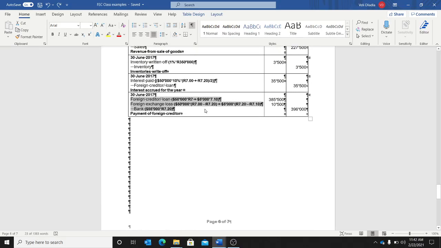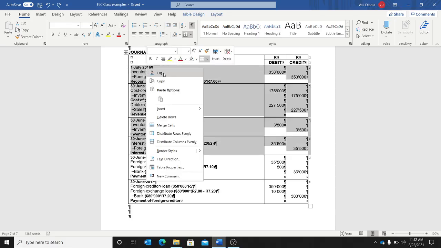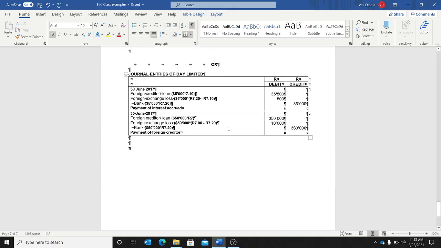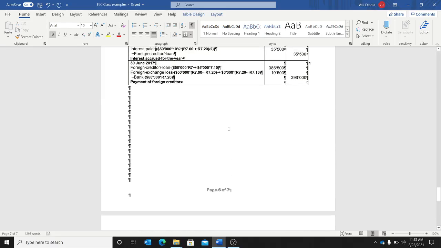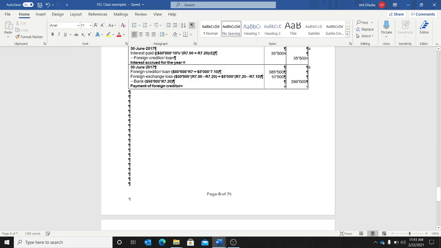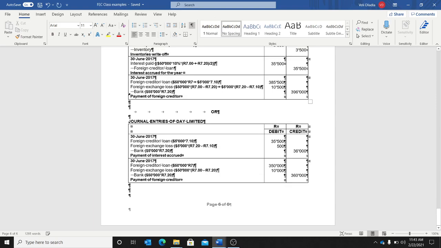Let me try and break down the last transaction, so you can see. Delete rows. Right, good. Now you can see I tried to do a breakdown. Let me put it like this so we don't have too many pages.